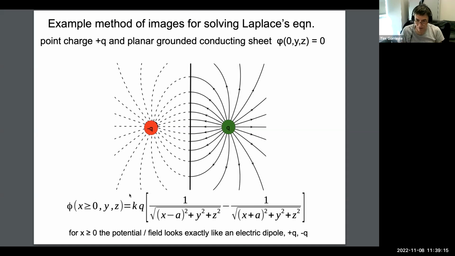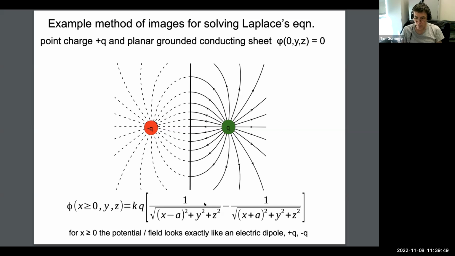And so this solution that I've written down here to the problem of the single positive point charge in the grounded conducting sheet is just the electrostatic potential of one positive charge located at x equals a distance a from the grounded sheet towards the right, and a second negative charge at a distance minus a from the grounded sheet towards the left here.